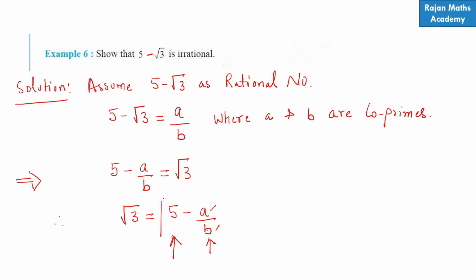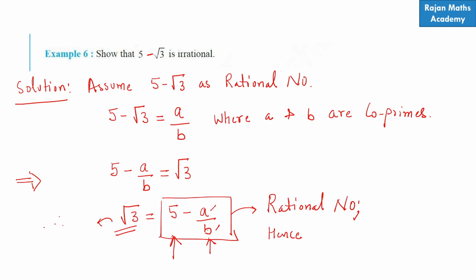So this complete RHS, 5 minus a by b, is a rational number. So root 3 is a rational number from this equation.